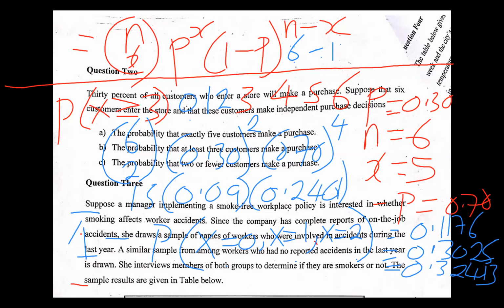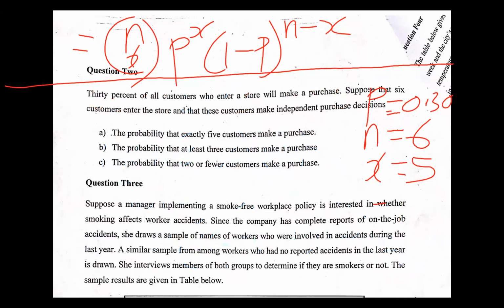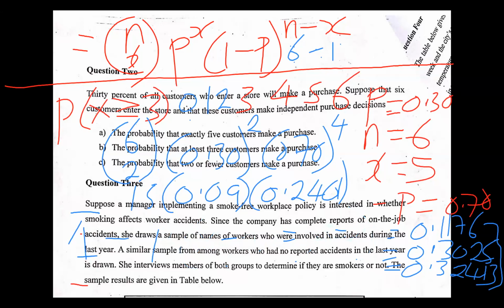So you just add these probabilities now. Then that's the answer you put on this part. We don't include 3, because the question says at least 3, which means 3 and above. We are looking for 3 and above.